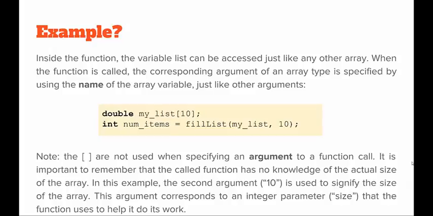Note that the brackets are not used when specifying an argument to a function call. It is important to remember that the called function has no knowledge of the actual size of the array. In this example, the second argument, 10, is used to signify the size of the array. This argument corresponds to an integer parameter called size that the function uses to help do its work.